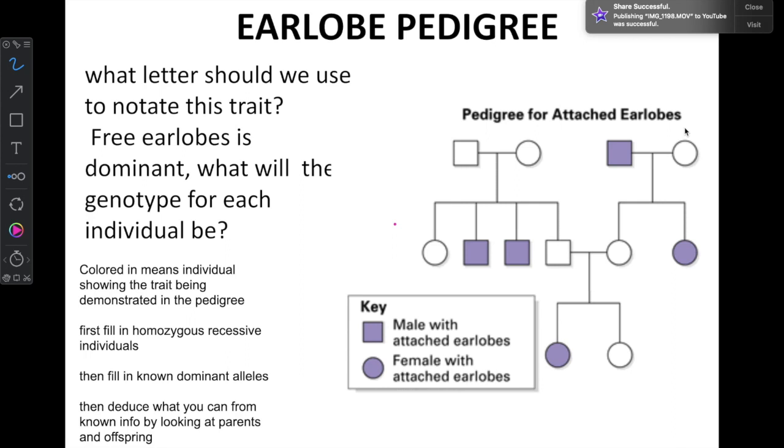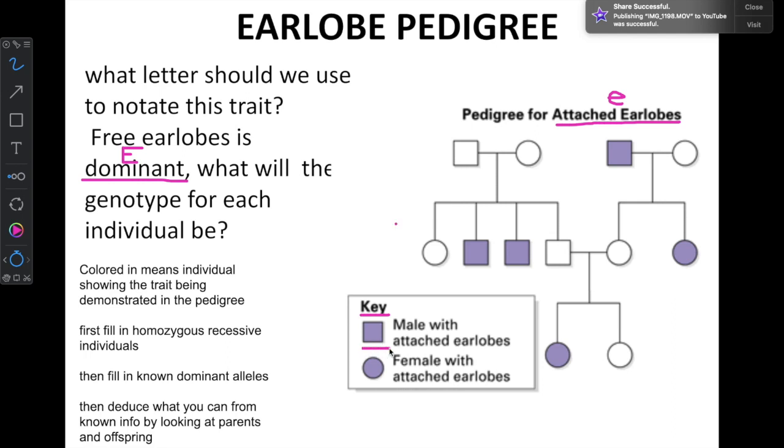We want to figure out the genotypes. The first thing we're going to write in, so we know that free earlobes are dominant, and we're going to use E's to represent that. Something that's dominant is a capital E, which means that the attached earlobe is recessive, so it's going to be a lowercase e. You can see that in the key.